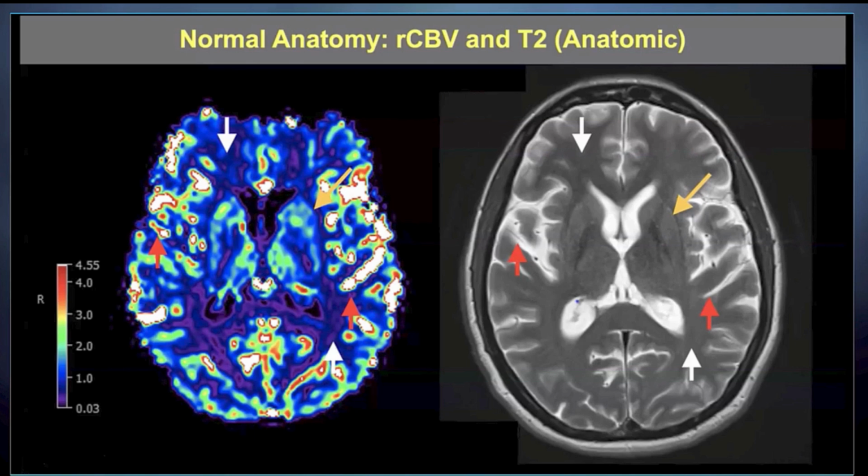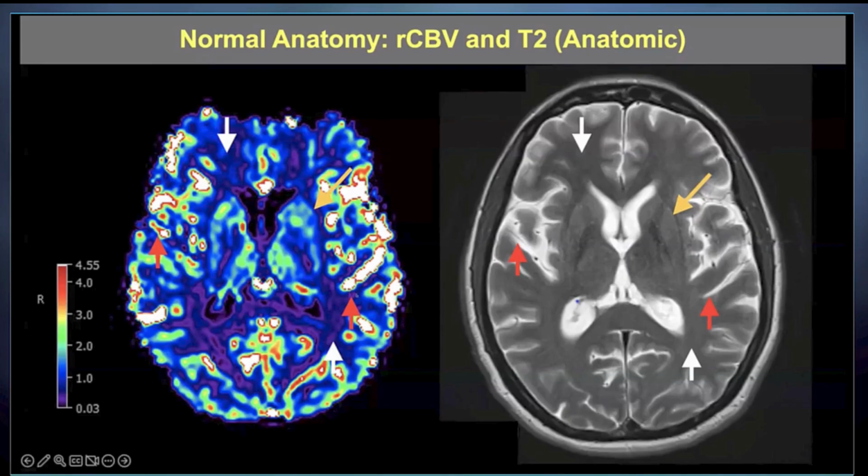You have here within the sylvian fissure the middle cerebral artery branches, the M2 branches, you have the leptomeningeal arteries, and you actually have cortical veins as well. And all those are super high in cerebral blood volume, and they're going to be very hot, so to speak, on the perfusion map. And so the reason why that's a problem is that sometimes these can obscure cortical lesions.